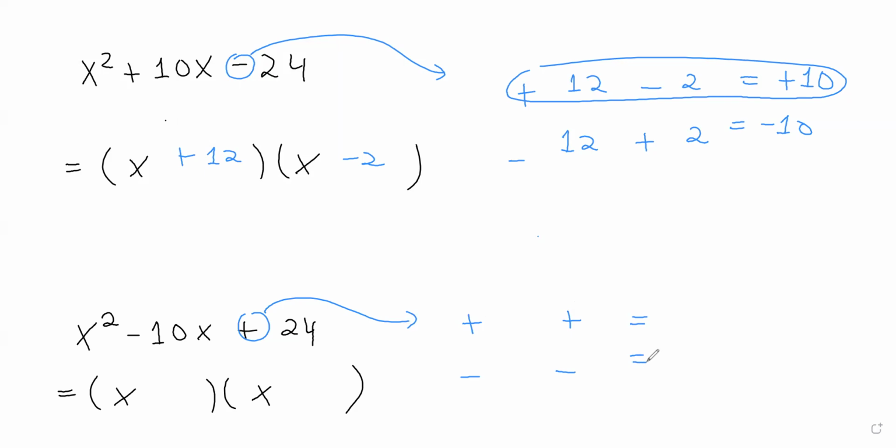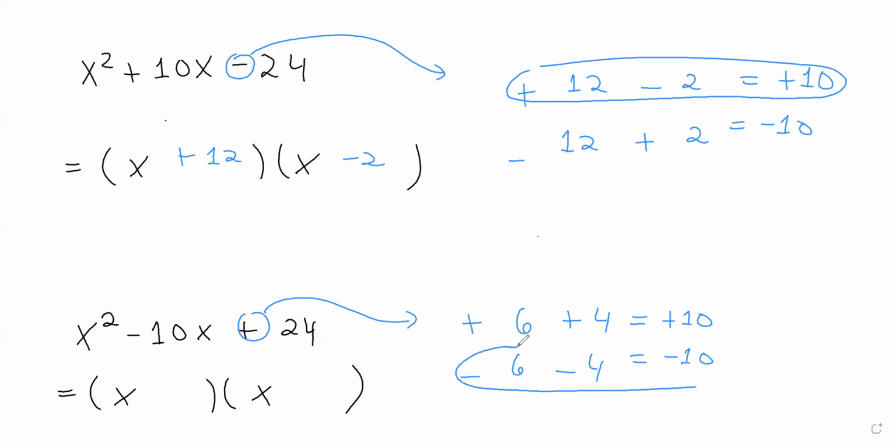So again, you could try inserting between those signs a 12 and a 2. Would that give you a negative 10 though? What about 6 and 4? 6 and 4 also multiply to give me 24. They add to give me a 10, or negative 6 minus 4 gives me a negative 10.